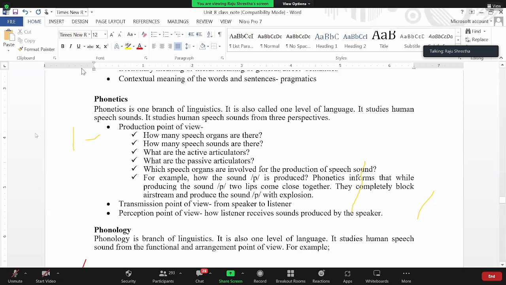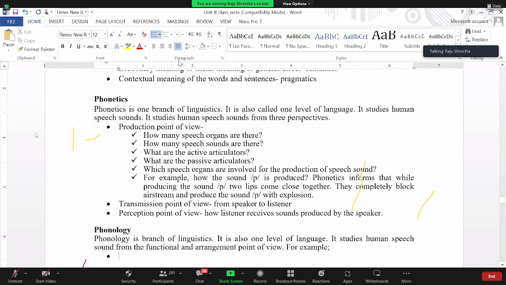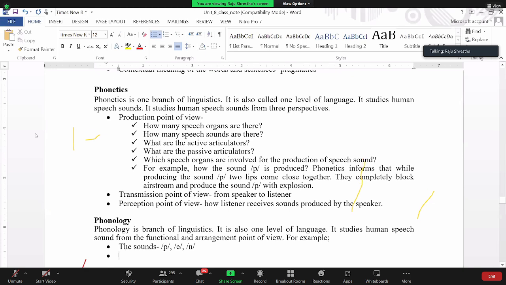For example, उदाहरणको रूपमा हेर्दाखेरि, for example these soundहरु, हैन, जस्तै प भन्यो हैन, अनि गएर ए साउन्ड भन्यो हैन, अनि गएर न साउन्ड भयो हैन. These are what, प ब ट ड क ग फ ब थ द स ज म न म ल र य. यी साउन्डहरु के हो, माथि चाहिँ यिनीहरु सबै, यो भनौं न प हैन ब हैन ट ड प ब ट ड क हैन क ग हैन.